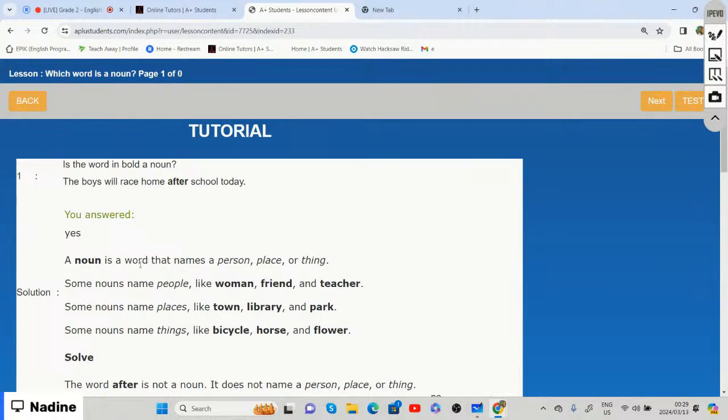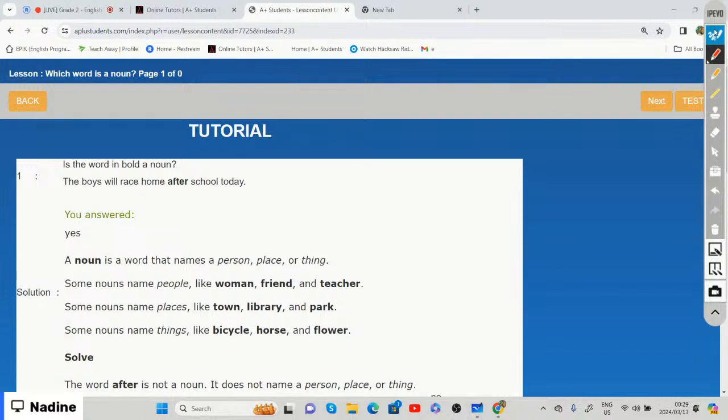And if we look at the word, for example, naming people, some nouns name people, and more examples of nouns that name people are words like woman, friend, or teacher. Then some of the nouns name places, right?